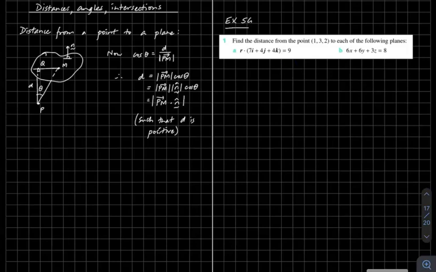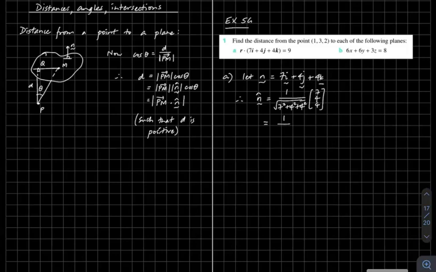So our vector n, we can say let n equal 7i plus 4j plus 4k. So therefore unit vector n is just going to be 1 over the square root of 7 squared plus 4 squared plus 4 squared, times 7i plus 4j plus 4k.